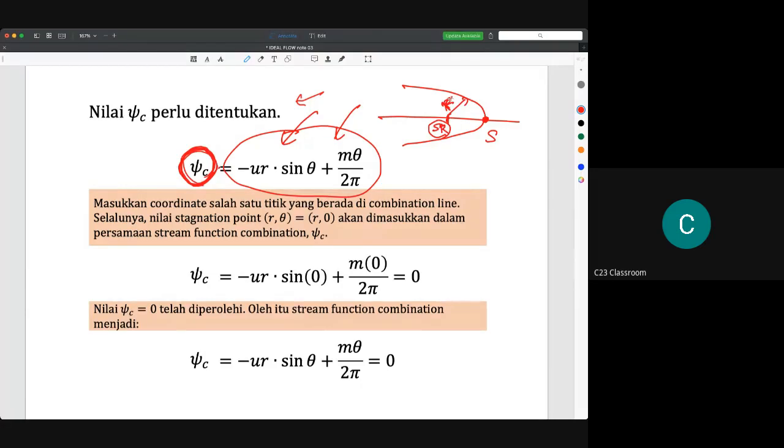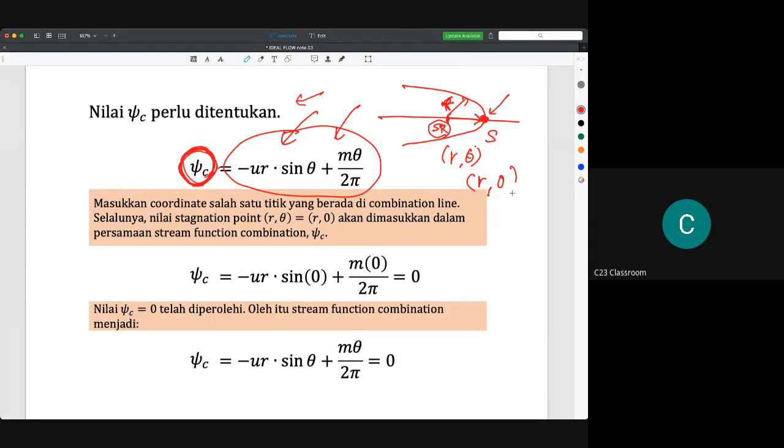In this situation it is worth taking the coordinate of the stagnation point, which we could determine as r, theta, and the value of theta is equal to 0, so it becomes r and 0.